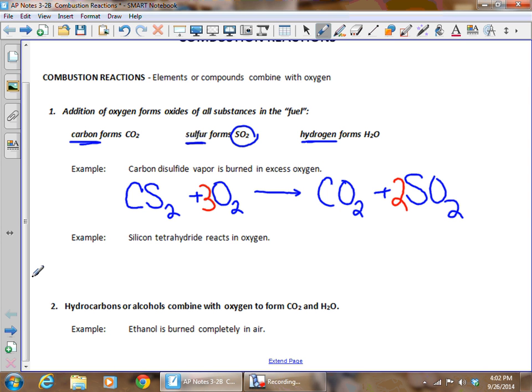The next one involves the combustion of silicon tetrahydride. It tells us we're supposed to react it with oxygen, so we react it with O2 and show that as a reactant. We're going to get an oxide of both elements. The water is an obvious one from the hydrogen in the fuel, so we're going to get water from this. We're also going to get an oxide of silicon.